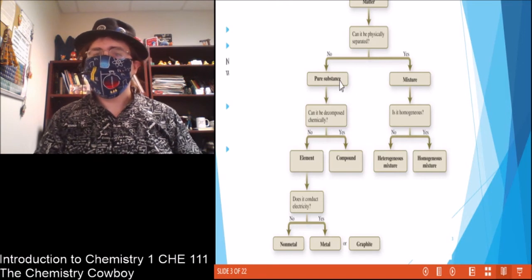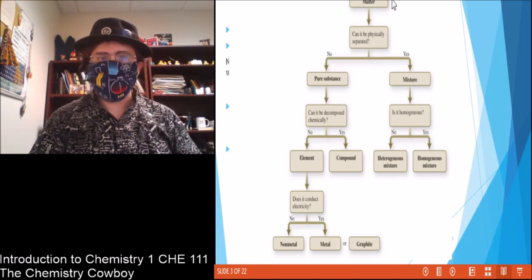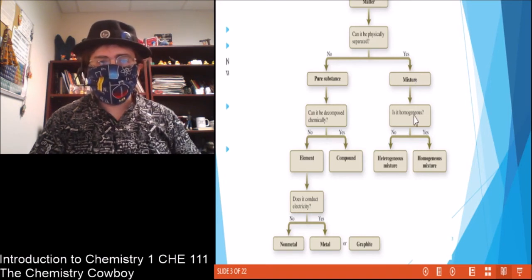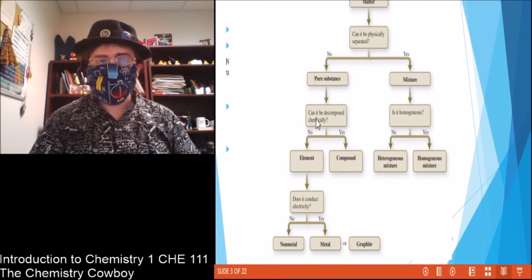So, quick flow chart. We don't need to learn this. We don't need to memorize this, but it's just a quick way. So, matter. Everything is matter. Can it be separated by physical means? Yes, then it must be a mixture. Is it uniform throughout? Then it's a homogeneous mixture. No, it's heterogeneous. If it can't be physically separated, it's a pure substance.